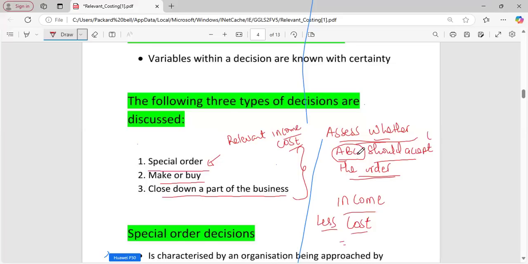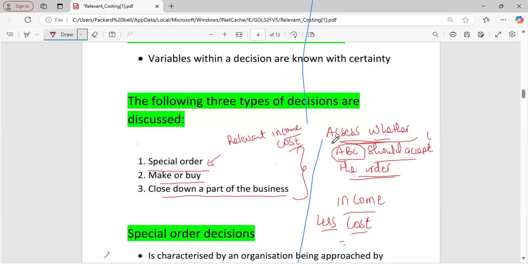So if a question says assess, it means you just have to calculate this. In FAC, MAC, if you need to make a conclusion, you need to make it from the figures that you have. That's the only way you can make a conclusion.